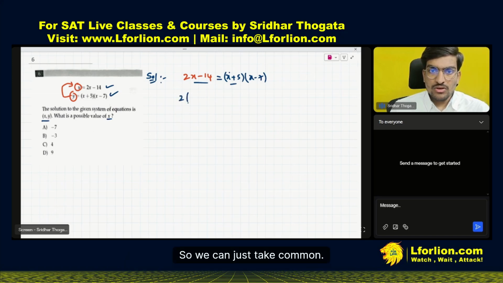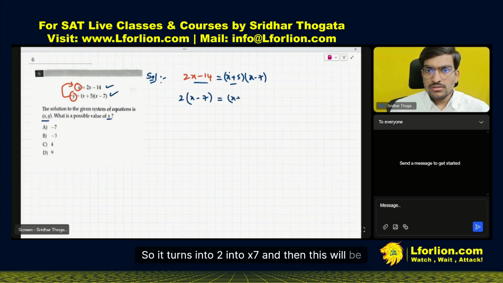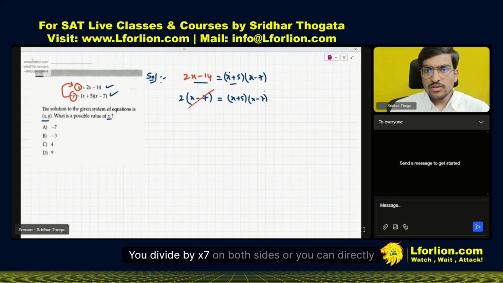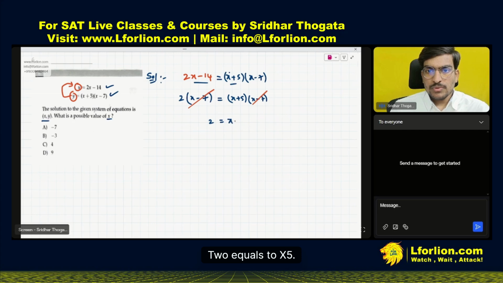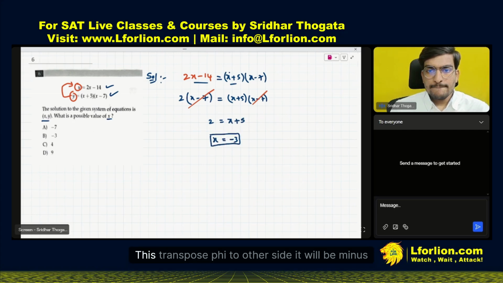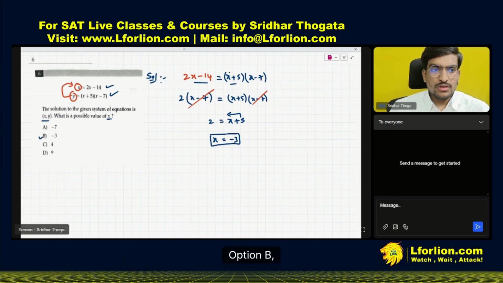We can take 2 common, so it turns into 2 times x minus 7, and then this will be as it is. Now you can see x minus 7 and x minus 7 are similar on both sides. You divide by x minus 7 on both sides, or you can directly strike it off. That's completely fine. 2 equals x plus 5. Transpose 5 to the other side, x equals minus 3, option B.